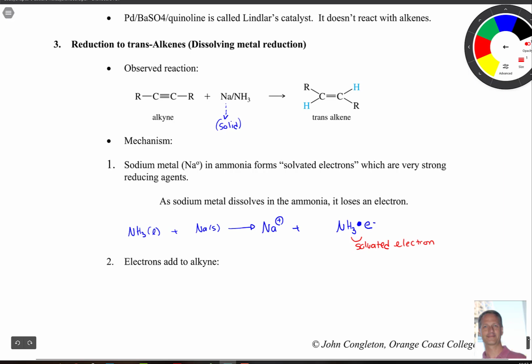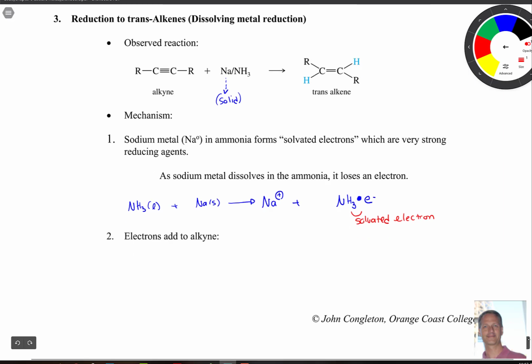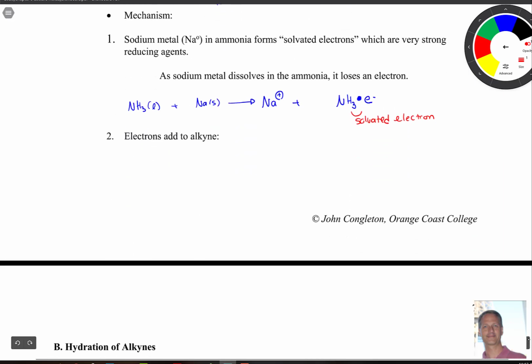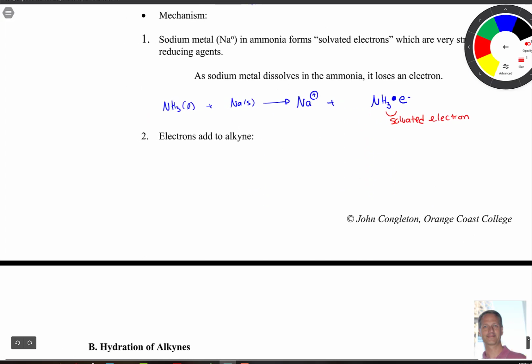Now, those electrons then are involved in this reaction. So let's take a look here down below, and let's look at the reaction. So let's take here the following alkyne. So to that, we're going to add NH3, dot e minus. So in this case, I'm just going to write e minus. You got your single electron here.